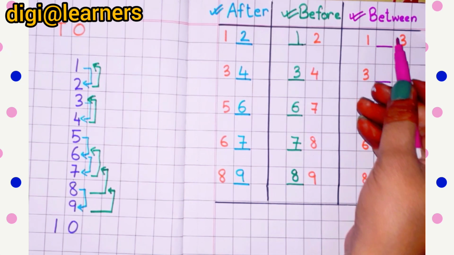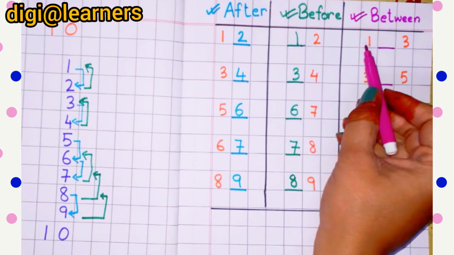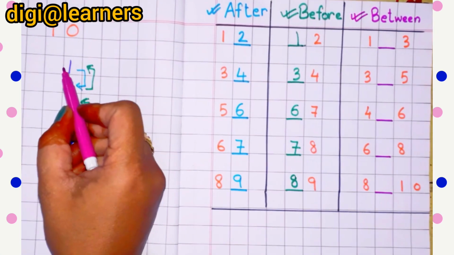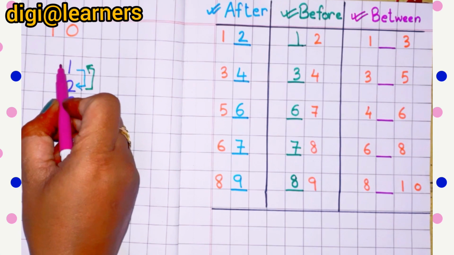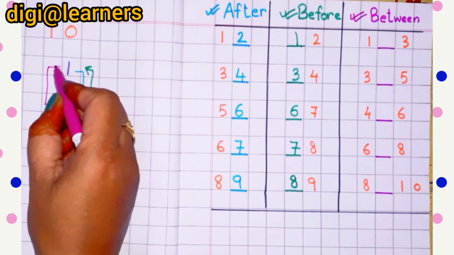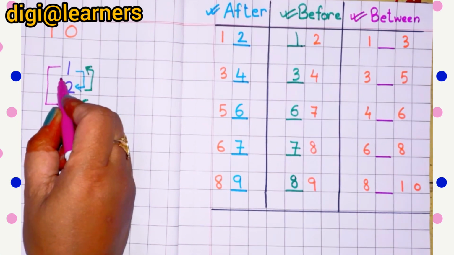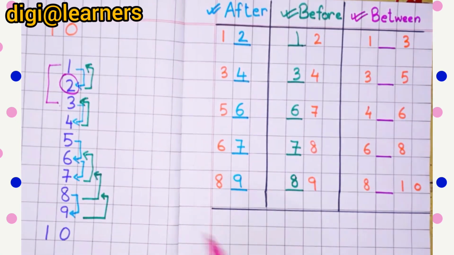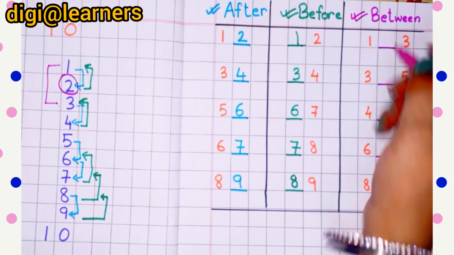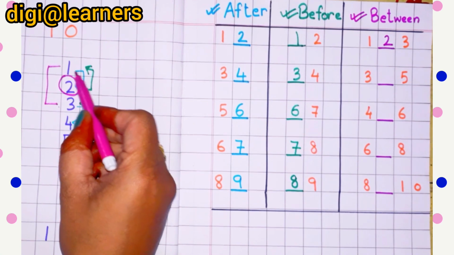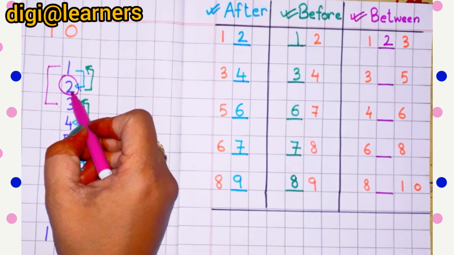For example, you see 1 and 3 are written here. Now what is coming between 1 and 3? The answer is 2. In the same way, what comes after 1 comes 2.